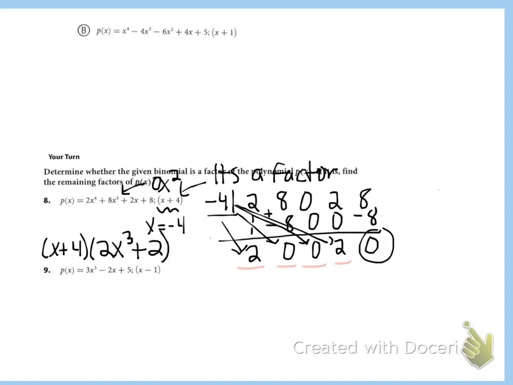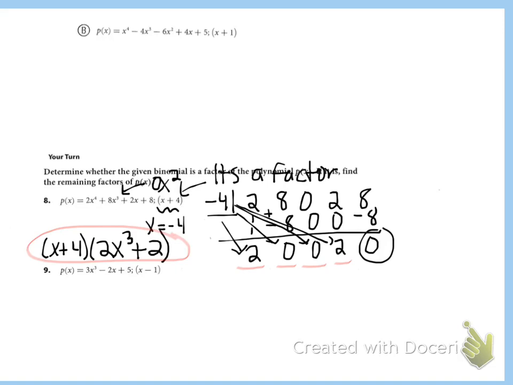And so that actually is the factored form of this polynomial: one of our factors is x plus 4, the other one is 2x cubed plus 2. And if we were to multiply those back out, we would see that it equals that original p of x.